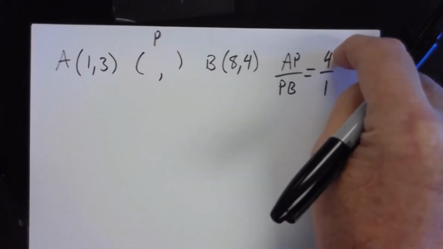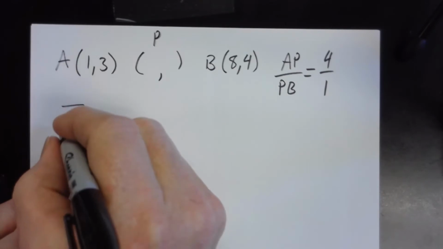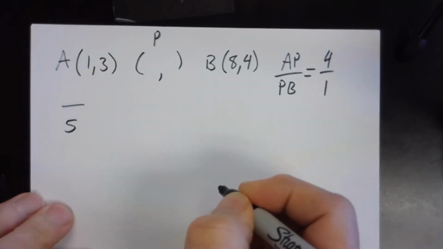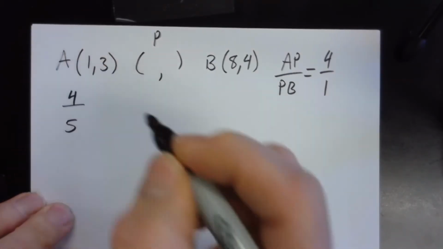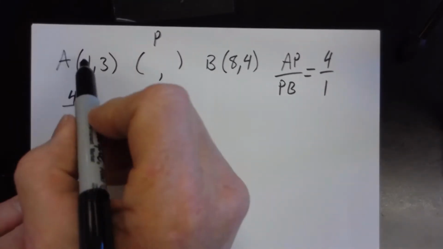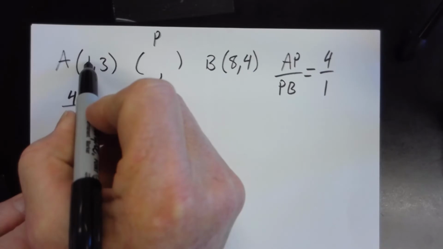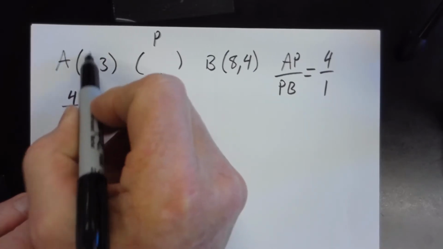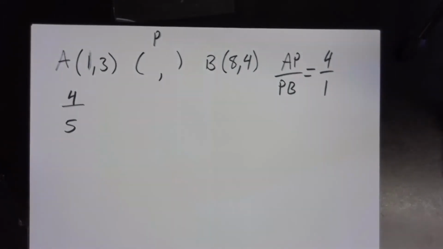So, I want to divide it up into 5 equal parts, and I want to take 4 of them, and add that much to this one right here. Okay? But here's the thing. Of how much? Of the horizontal distance, right?